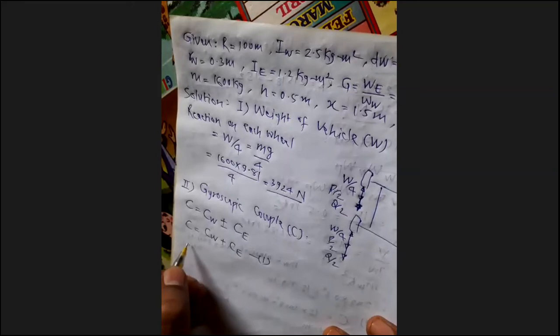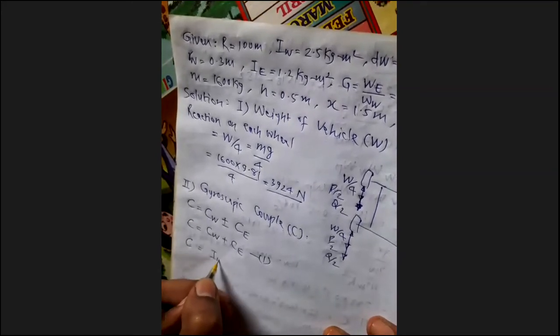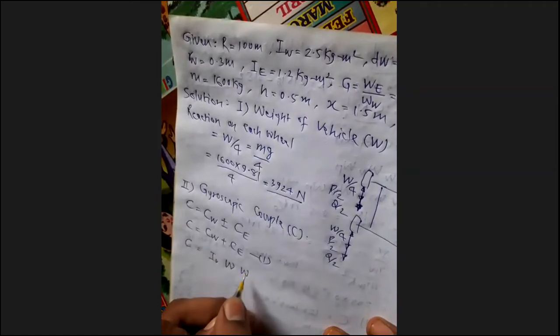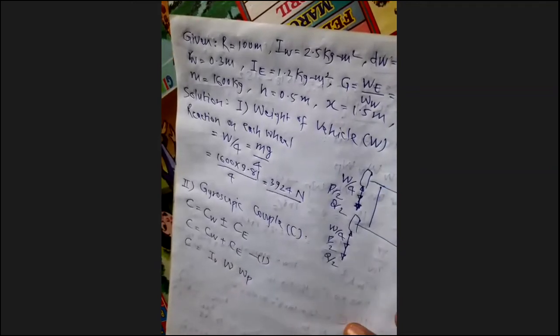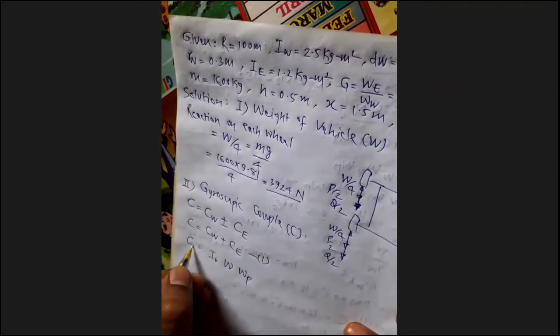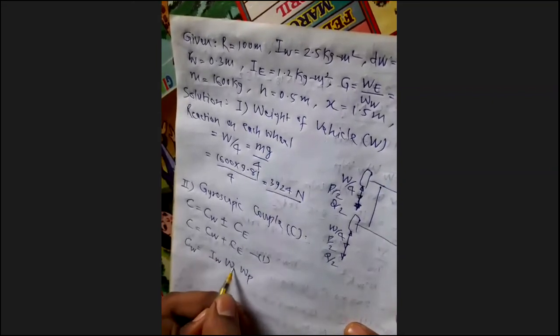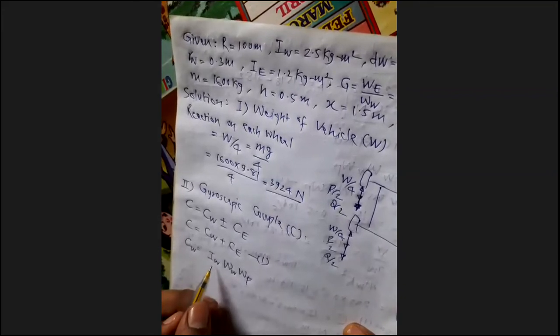The general formula for gyroscopic couple is I omega and omega p. This is the general formula for gyroscopic couple. Now, as we are writing this for wheel, I will write suffix W. Now, we are given moment of inertia of one wheel.